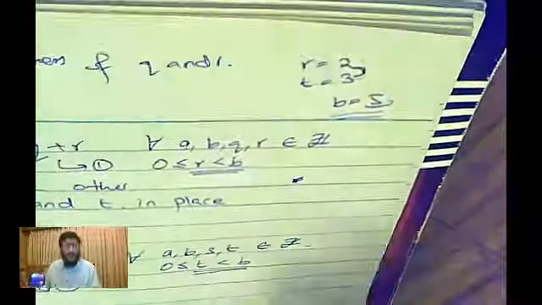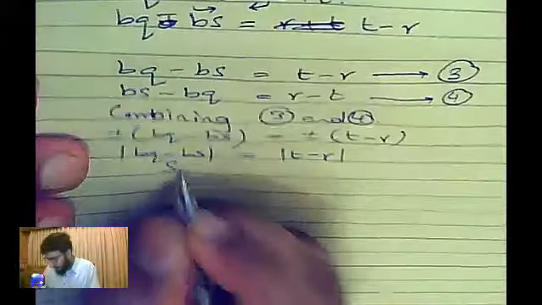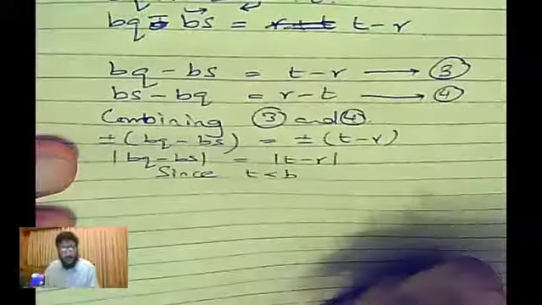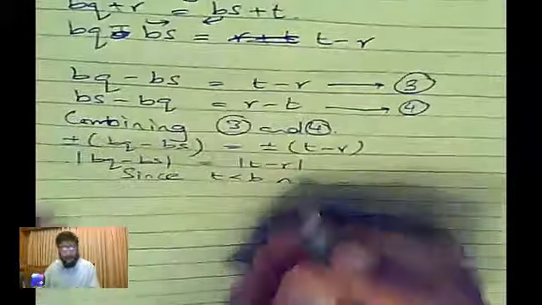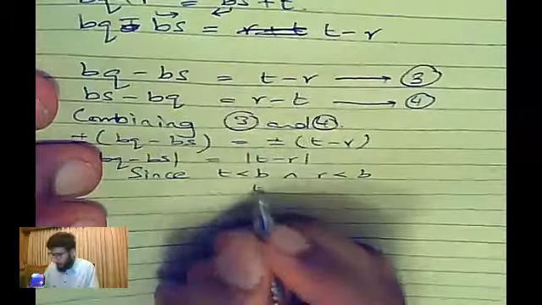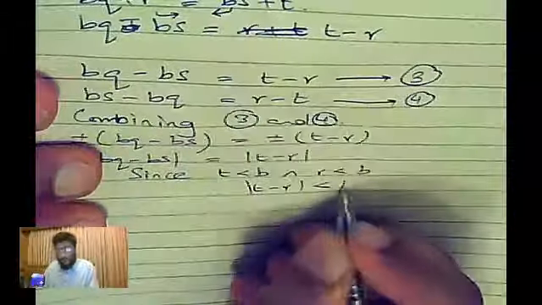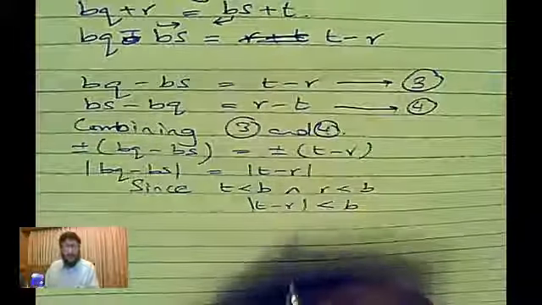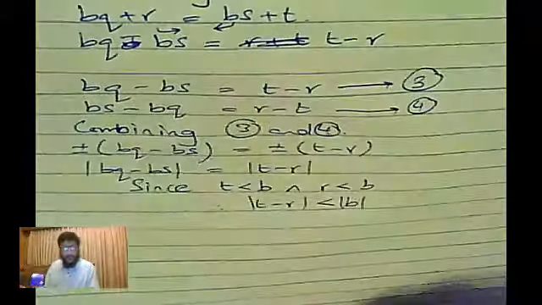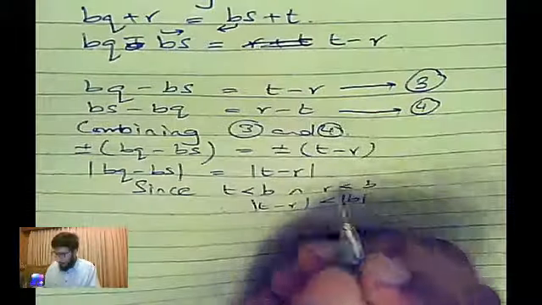No matter what the numbers are, if both are smaller than B, then the difference of these two numbers should also be smaller than B. So since T is smaller than B and R is also smaller than B, the modulus of T minus R should be smaller than the modulus of B.